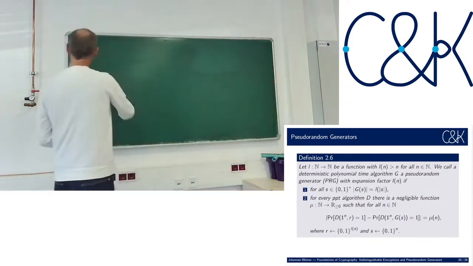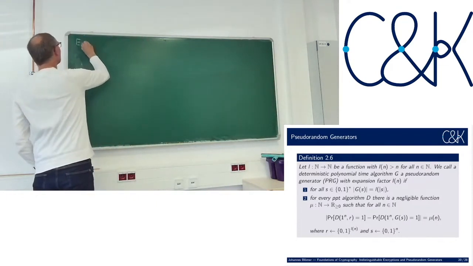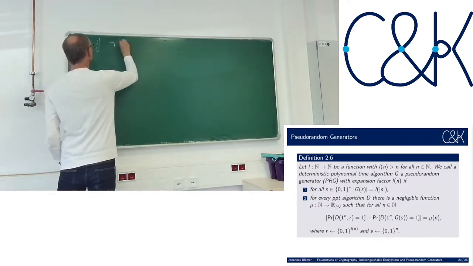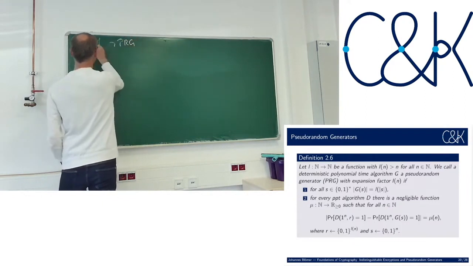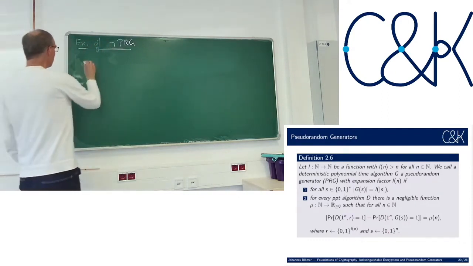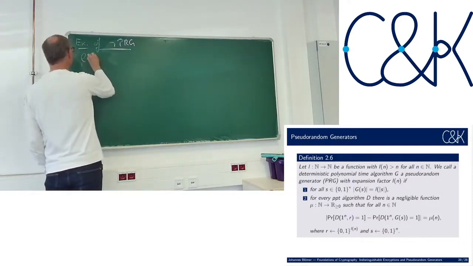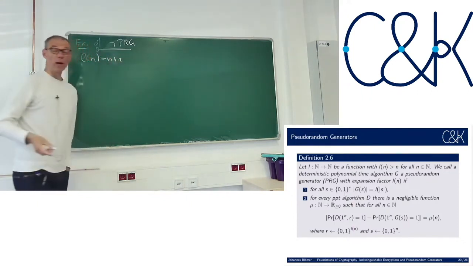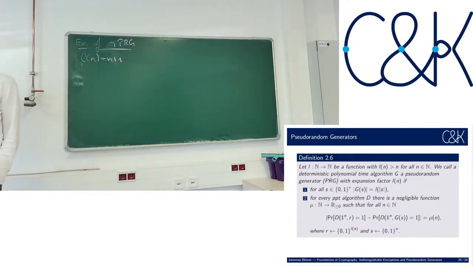Okay, so let's do an example of not a PRG. I do something very simple, even simpler than what I did before. L of n is n plus 1. I just want to stretch or expand by 1 bit.